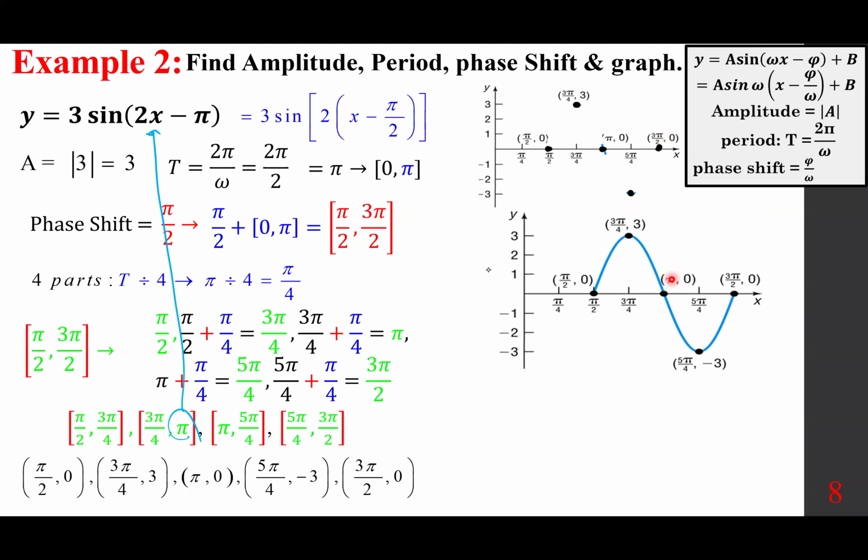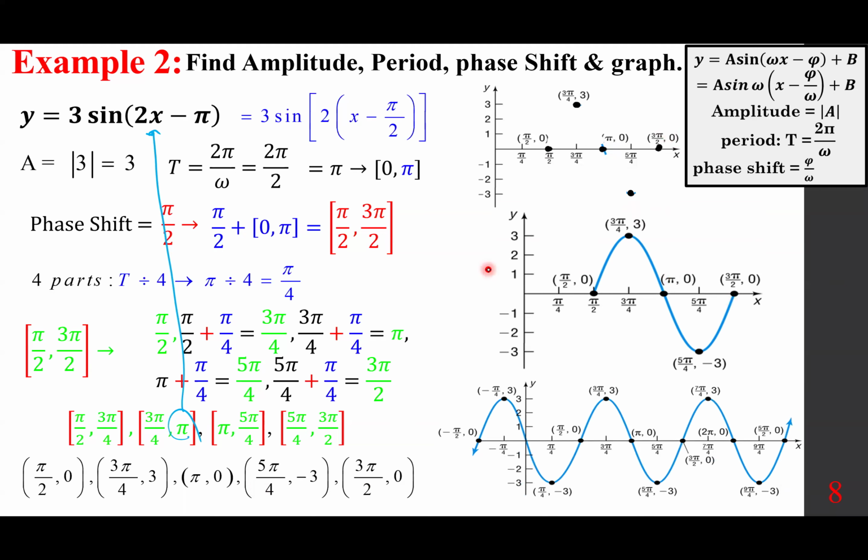And now we're going to continue indefinitely on both sides. That's the graph. Again, as far as I'm concerned, if you can do one complete cycle, you're in good shape, okay?